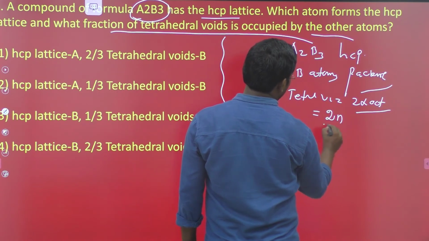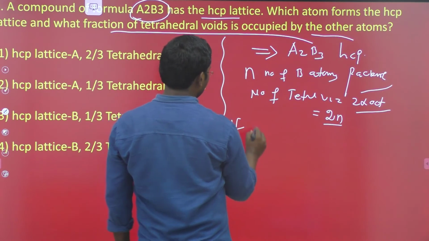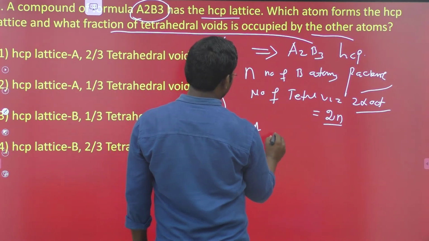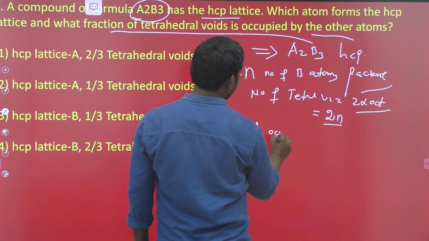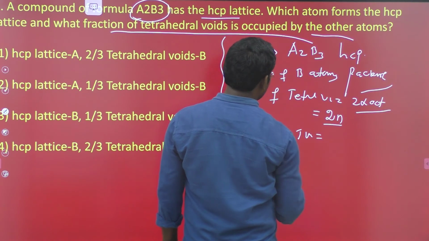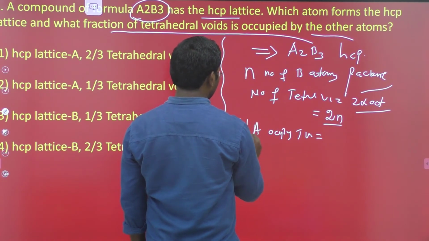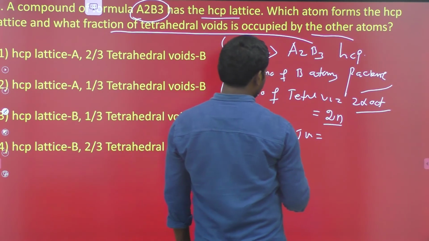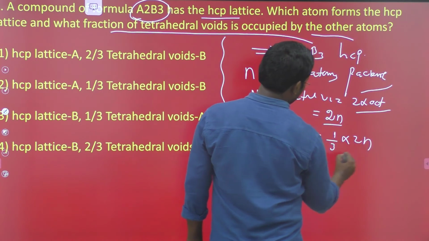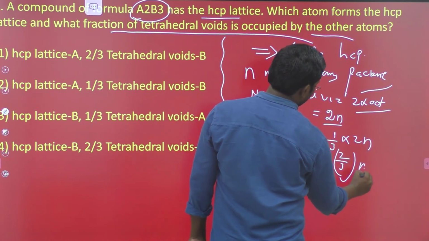If A atoms occupy 1/3 of the tetrahedral voids, this is equal to 1/3 into 2n, which is 2/3 n.